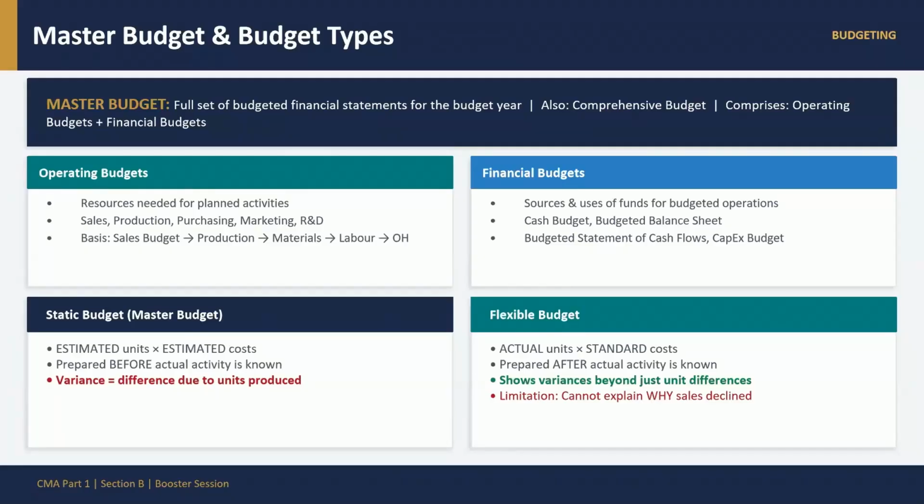Now let me ask you all a question. Which is the first budget that we prepare and which is the last budget that is prepared? Guys, be quick. Which is the first budget prepared and which is the last budget prepared?